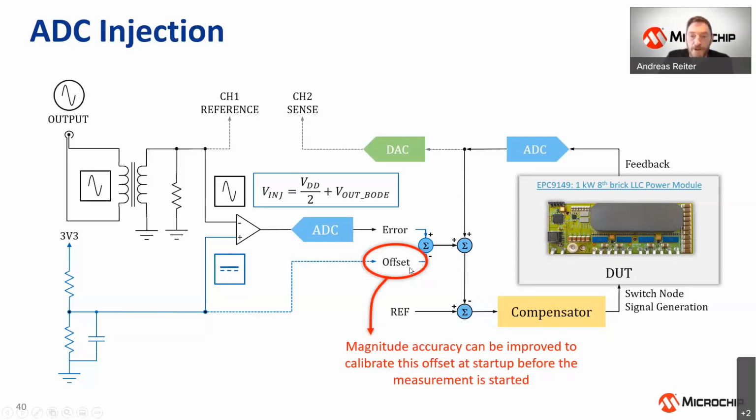So to determine that offset, because every system is different, not every 3.3 volt is super accurate, it is recommended to have a short calibration routine in the software.